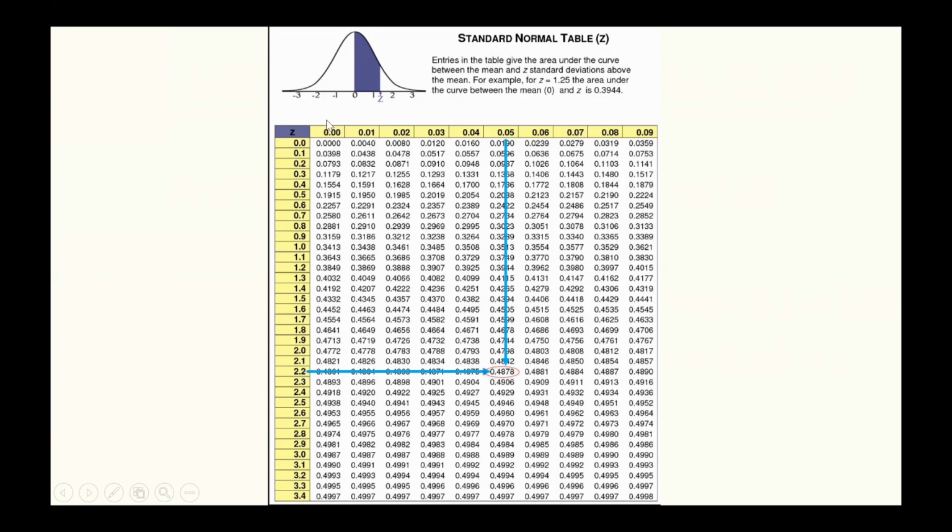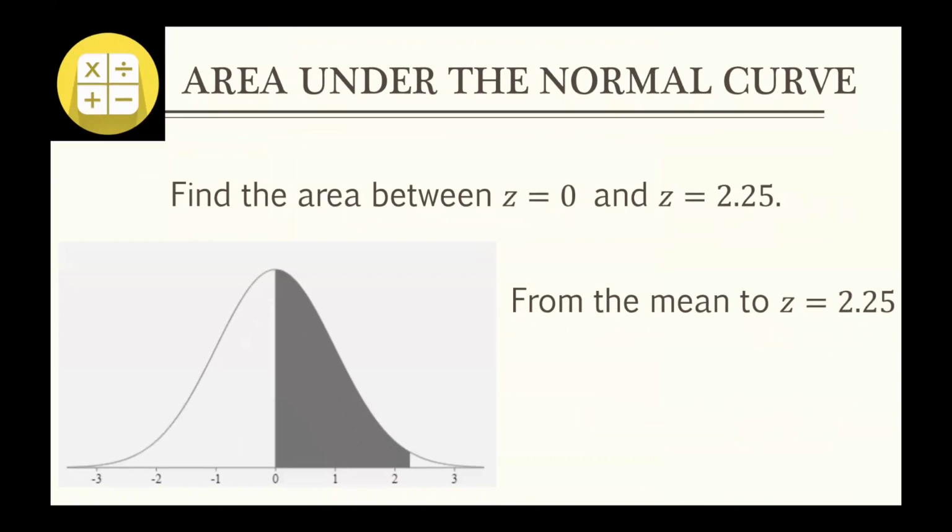And then on the first row, we have the last digit of the z-score, which is 5. We have 0.05 here. And then get the intersection. That is 0.4878.